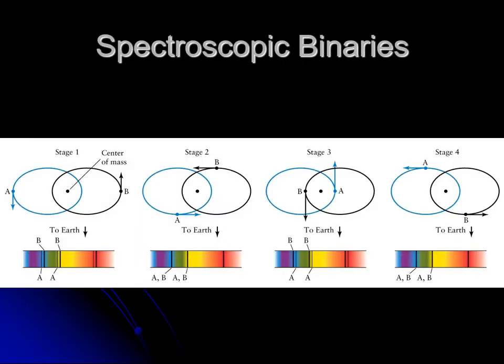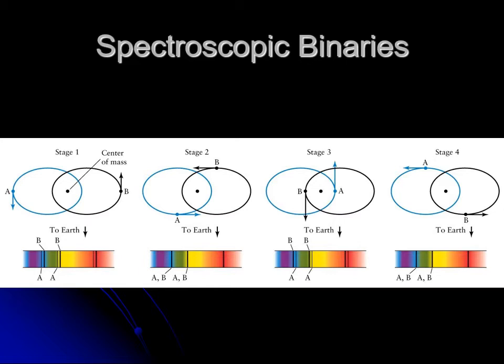There are also spectroscopic binaries. The name is very, very similar, but the way you know this is happening is different. Remember, the two stars are orbiting, both going around the center of mass between the two. So when one star is over here, the other star is over here.